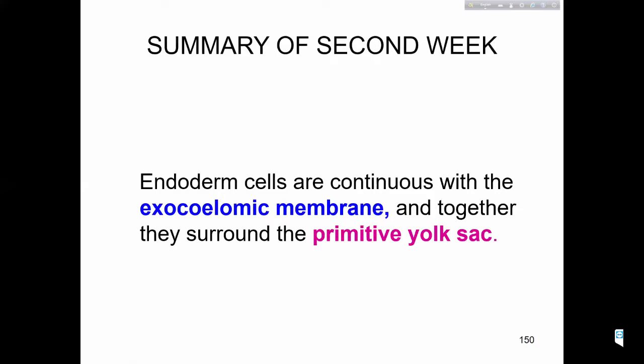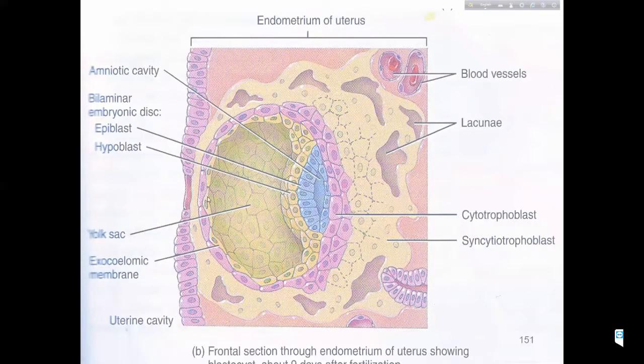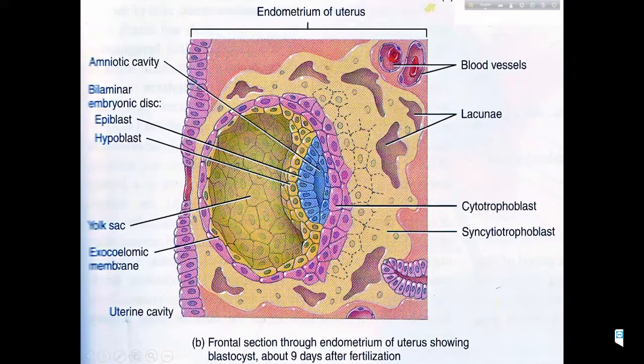I told you the blastocystic cavity is surrounded by the exocoelomic membrane, a membrane secreted by the hypoblast. I'm telling you again, this is the blastocystic cavity, this is hypoblast. The hypoblast secretes a material which forms a membrane, called the exocoelomic membrane.